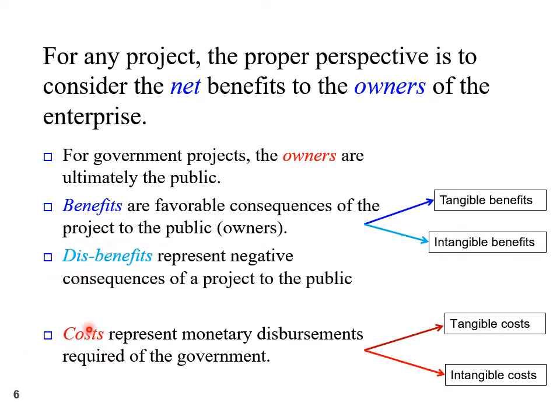And the costs represent the monetary disbursements required for the project. And these costs can also be tangible costs and intangible costs. And in order to conduct this benefit to cost ratio analysis, we need to somehow know all these benefits, disbenefits, and costs.